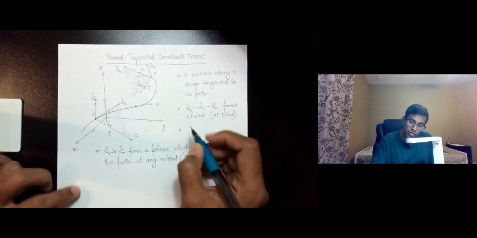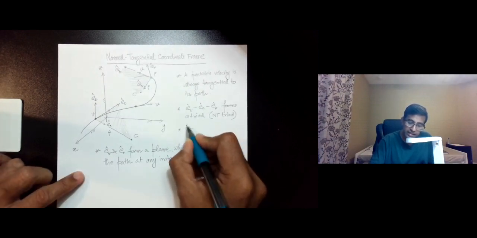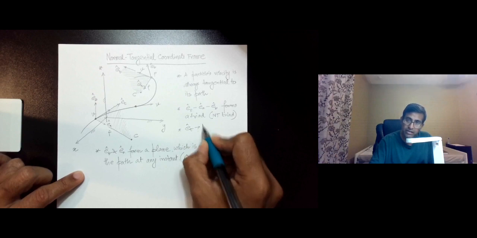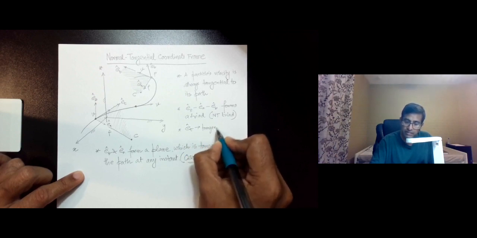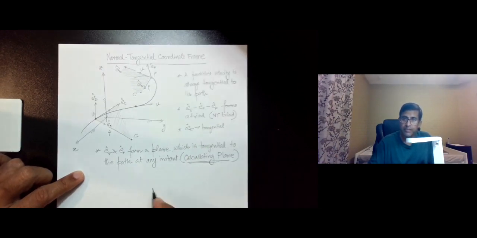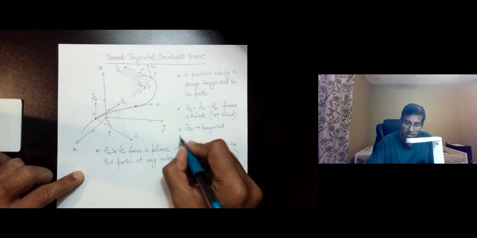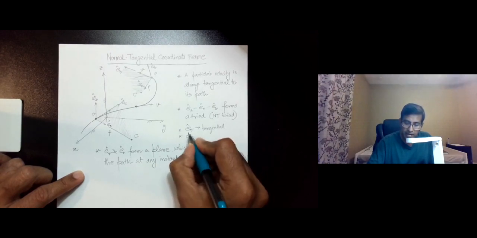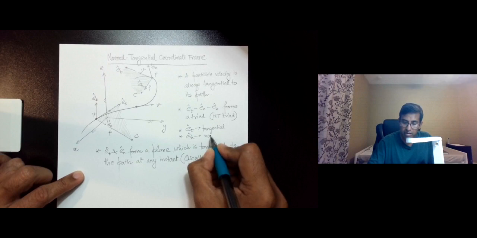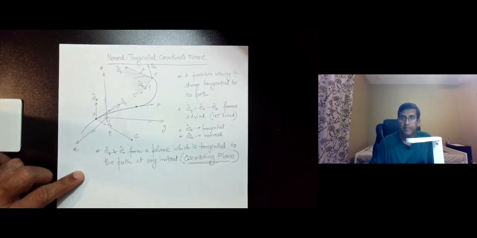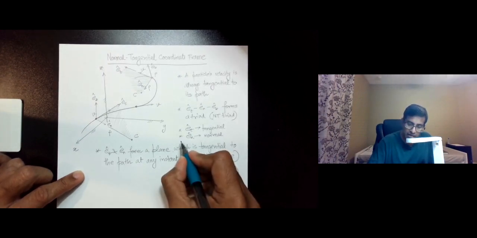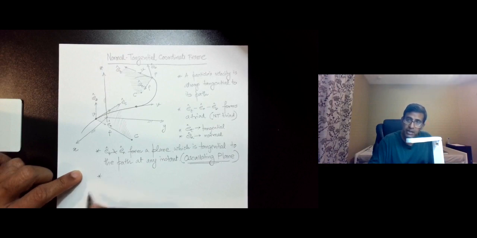We also note that ET stands for tangential, EN is normal, and EB is called binormal.